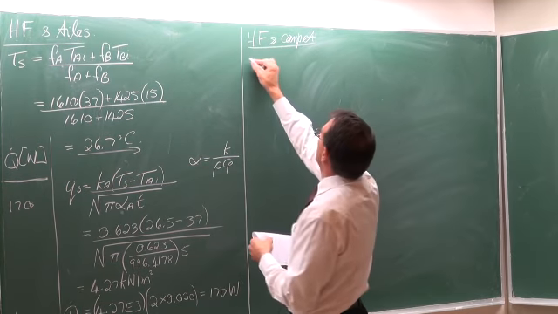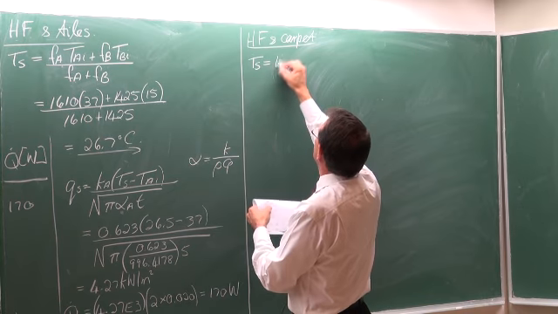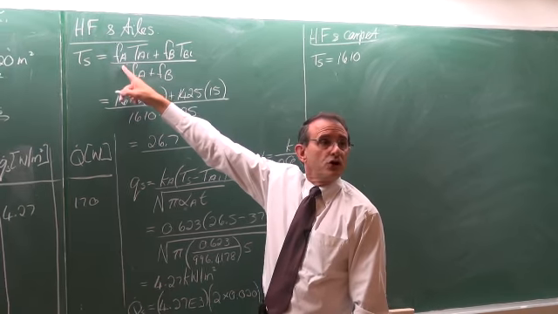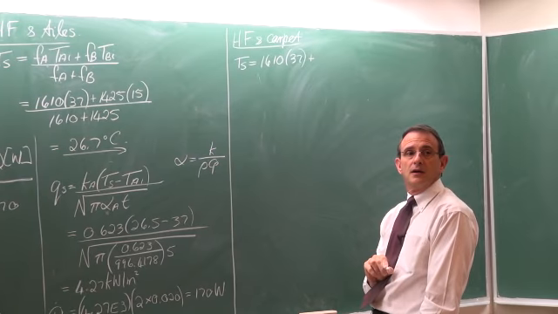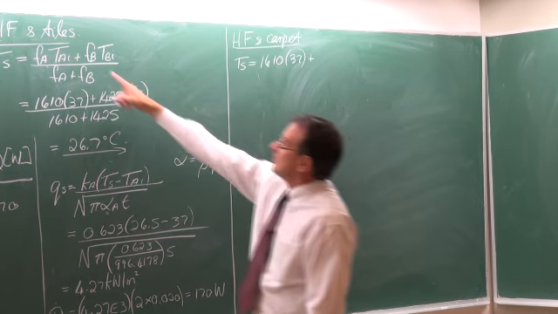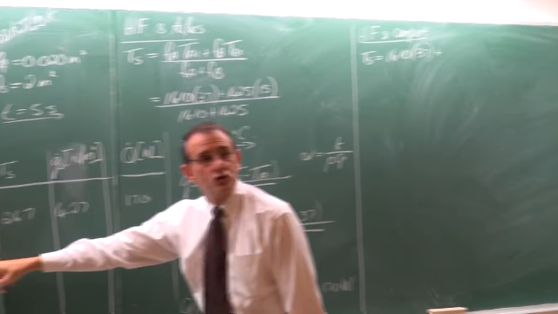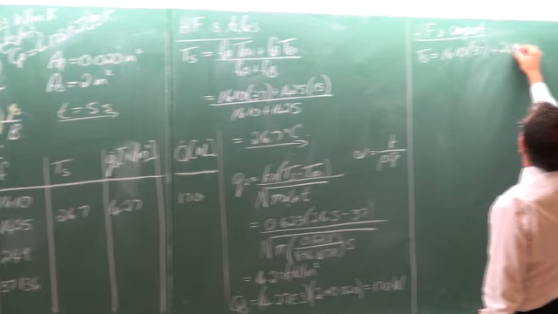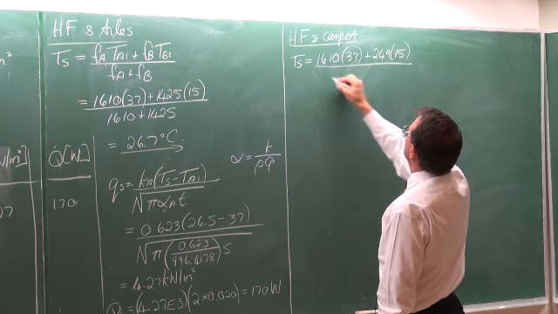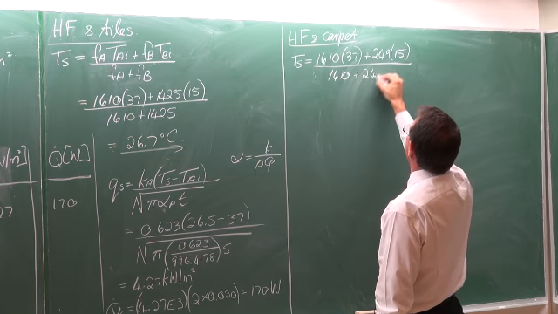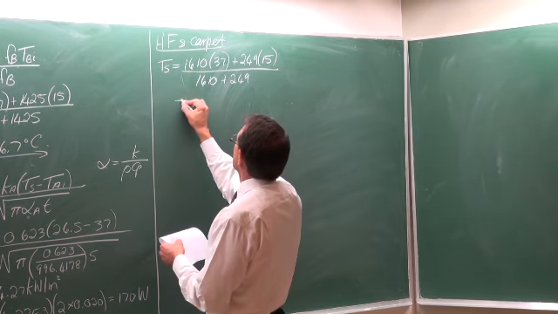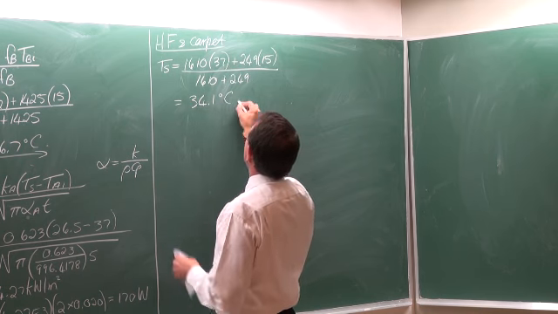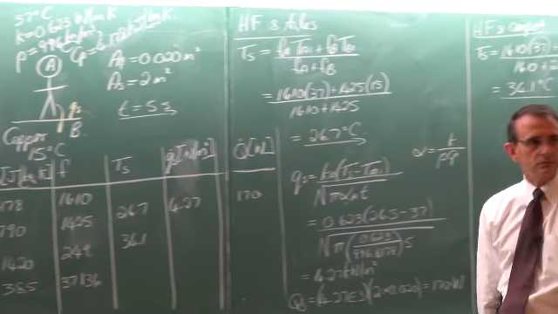We get onto the carpet, and now the surface temperature would be equal to, again, Fa, the human flesh, multiplied by the temperature of the human flesh, plus Fb, the F of the carpet, which is now equal to 249, multiplied by 15, divided by the sum of the two F values, 1,610 plus 249, and that gives us a surface temperature of 34.1 degrees Celsius.